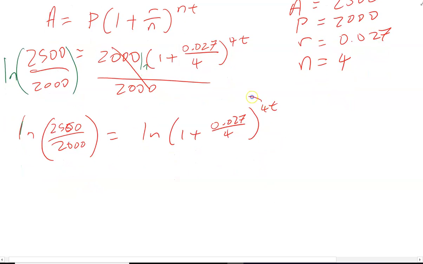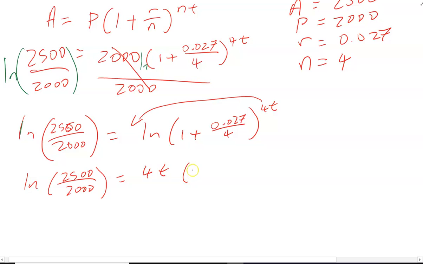Then we can use law 3 to bring that 4t over. So ln of 2,500 over 2,000 is equal to 4t times the ln of 1 plus 0.027 over 4.